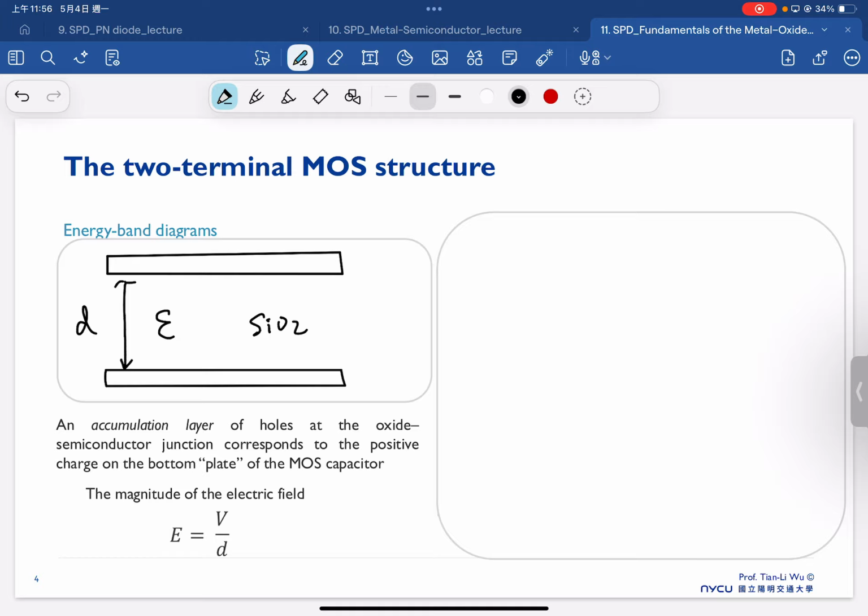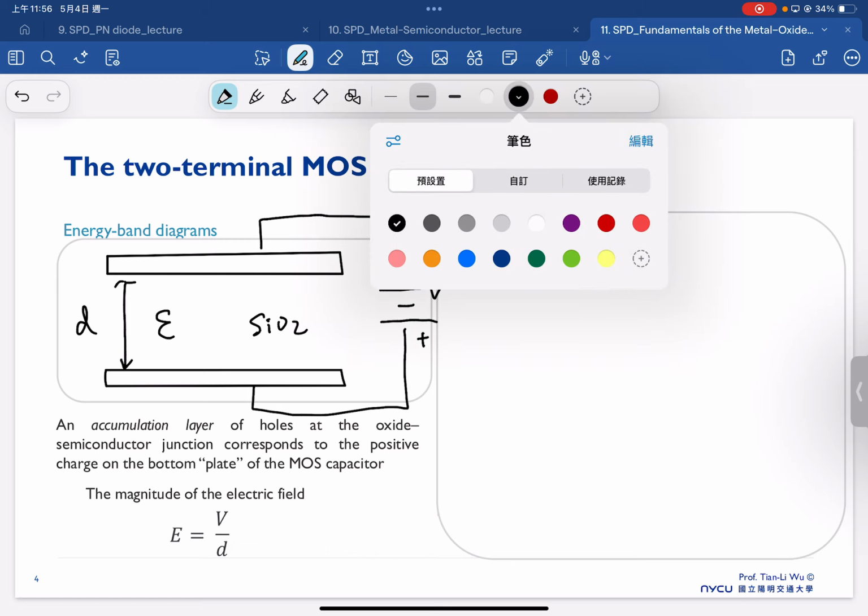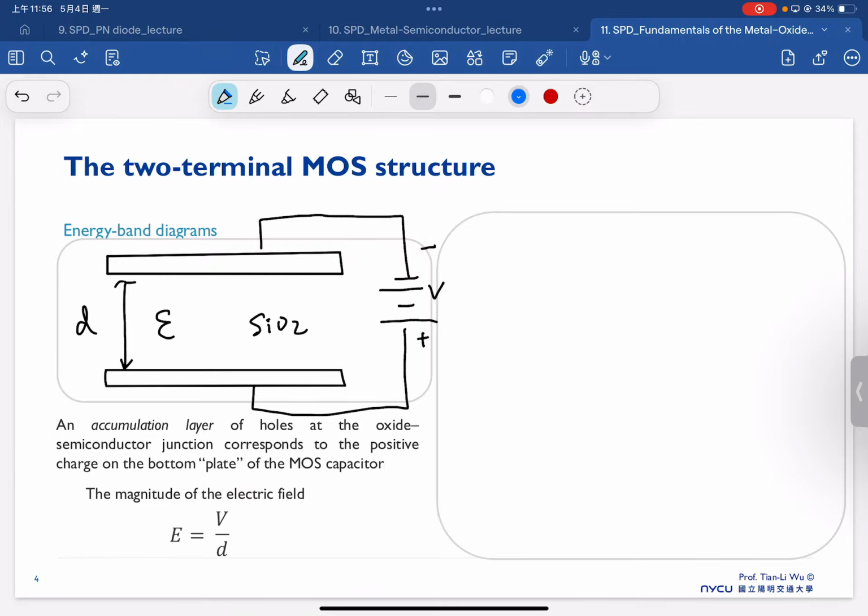And now we consider the case in which we apply a positive bias on the back side. So this is positive, this is negative. Because we apply the positive bias on the bottom, we will have a positive charge here.